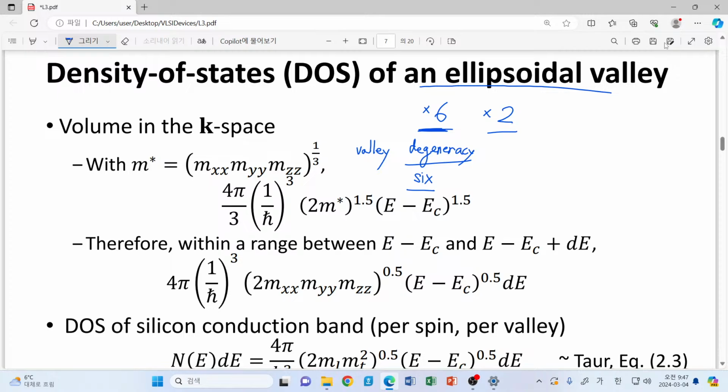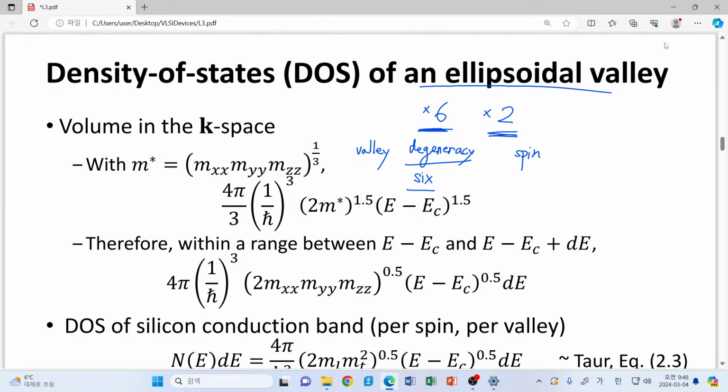And how about this number 2, the additional multiplication factor 2? This is corresponding to our spin degeneracy. Spin means that we can have up spin and down spin, but up to now we have not considered any kind of consideration about spin up and spin down, and they are degenerate. So we can multiply number 2 to finally get all available states in our silicon conduction band.